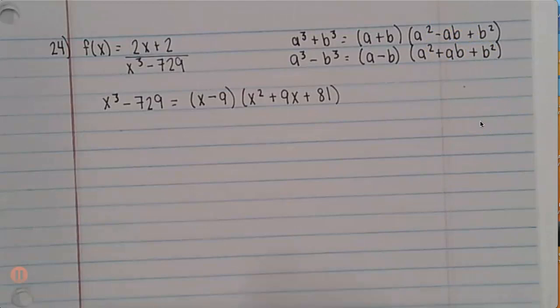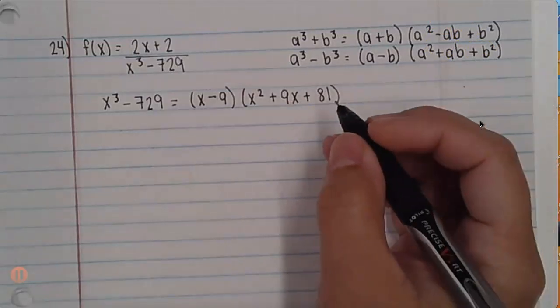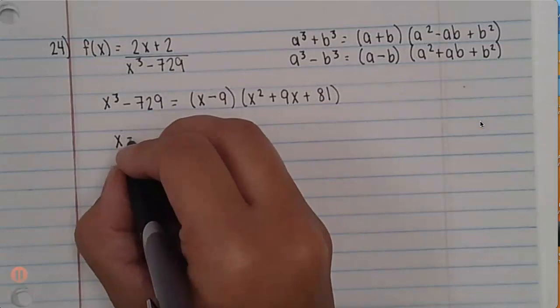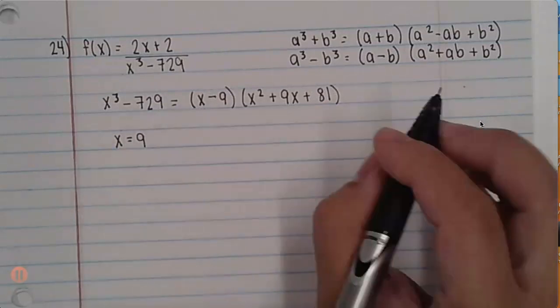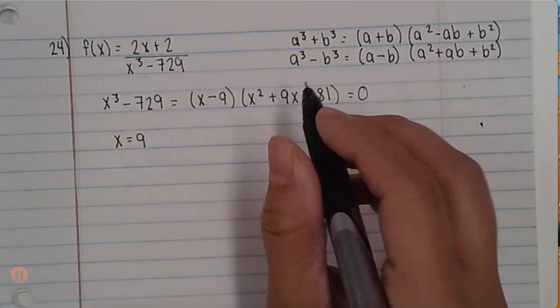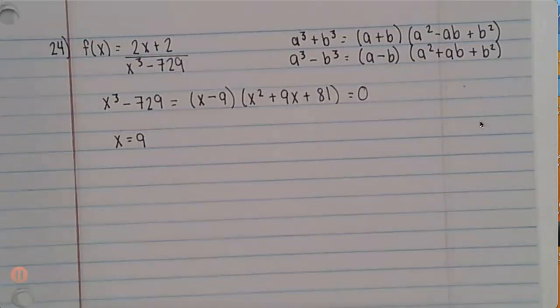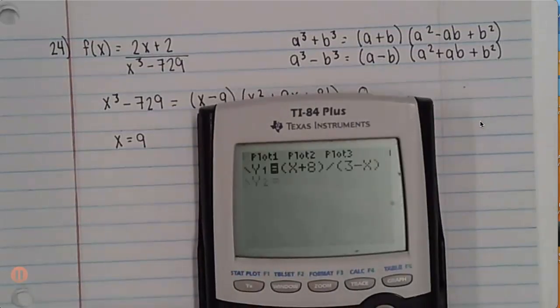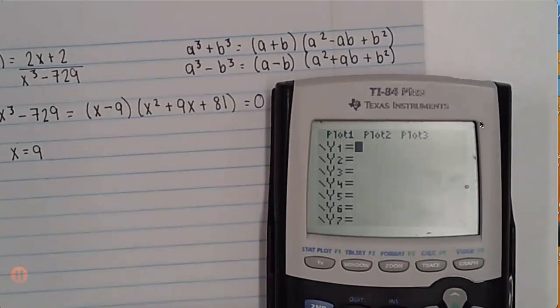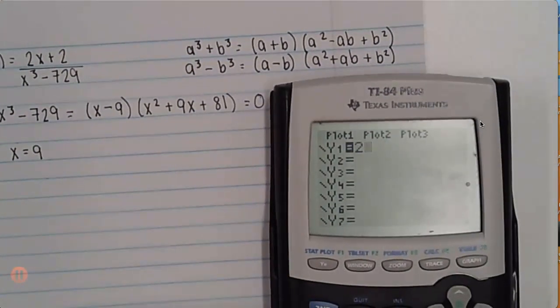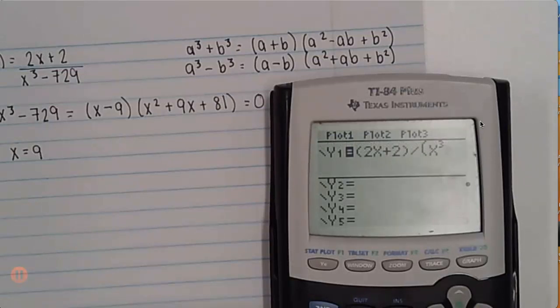All right, where this equals 0, those are our asymptotes. Clearly at x equals 9. For the quadratic, we would probably want to use the quadratic formula, but let's graph it and see if there are any asymptotes. So we have 2x plus 2 over x cubed minus 729.